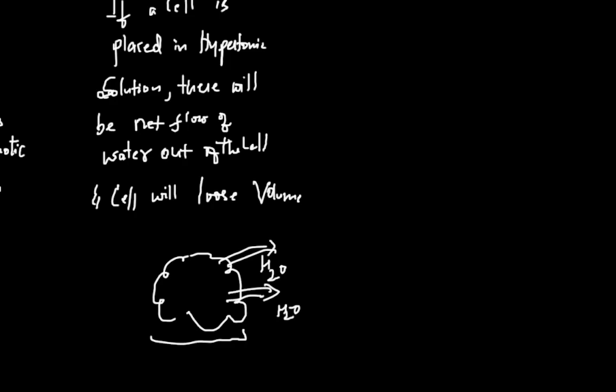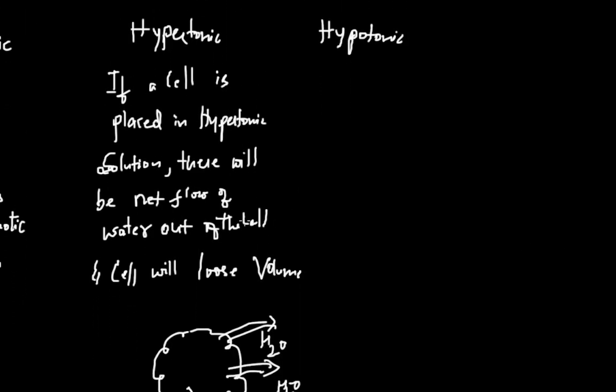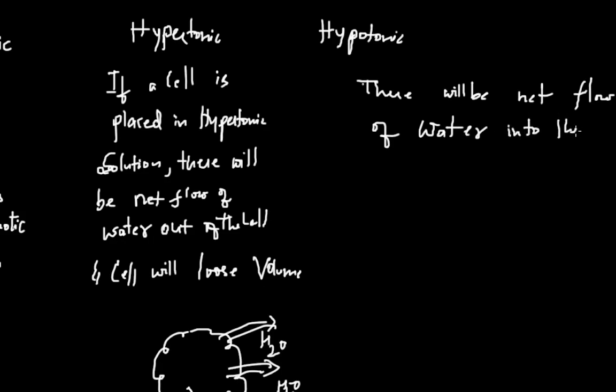In a hypotonic solution, there will be a net flow of water into the cell, and the cell will gain volume.